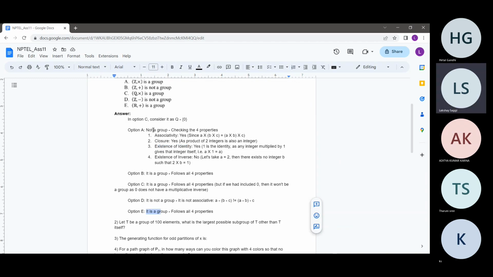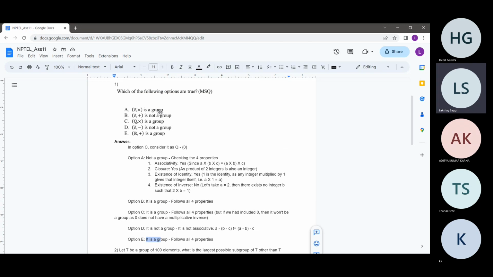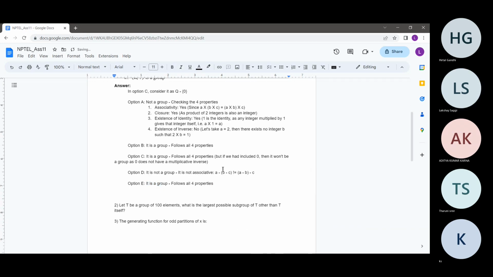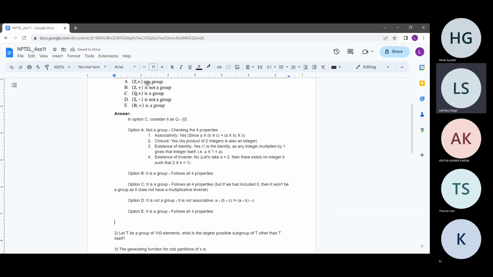So overall, we have shown that option A is not a group, option B is a group, option C is a group, option D is not a group, and option E is a group. So what statements are true? Let's write down. Option A says that this is a group, but we have obtained that this is not a group, so A is not true.